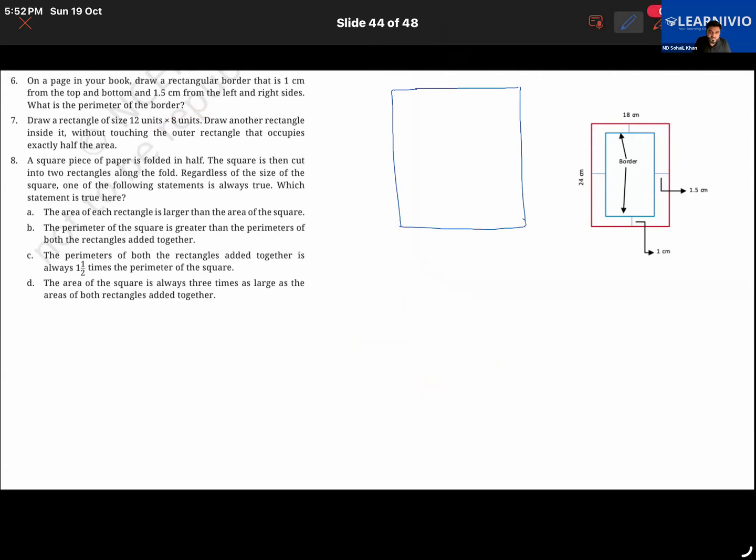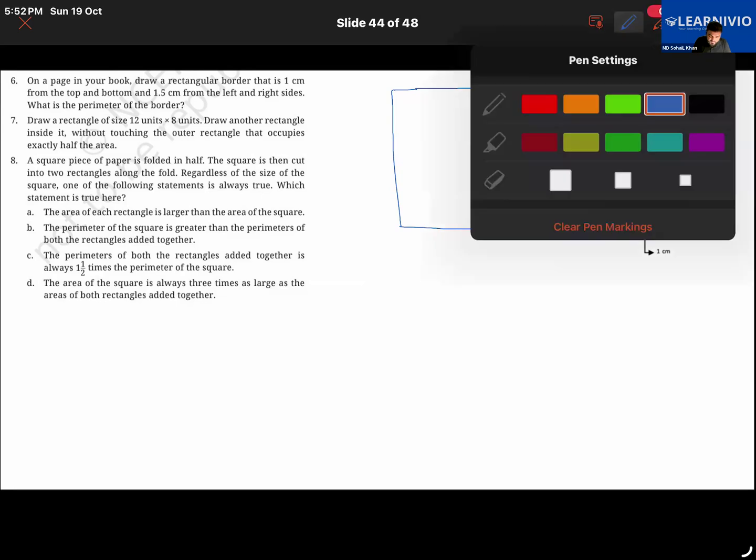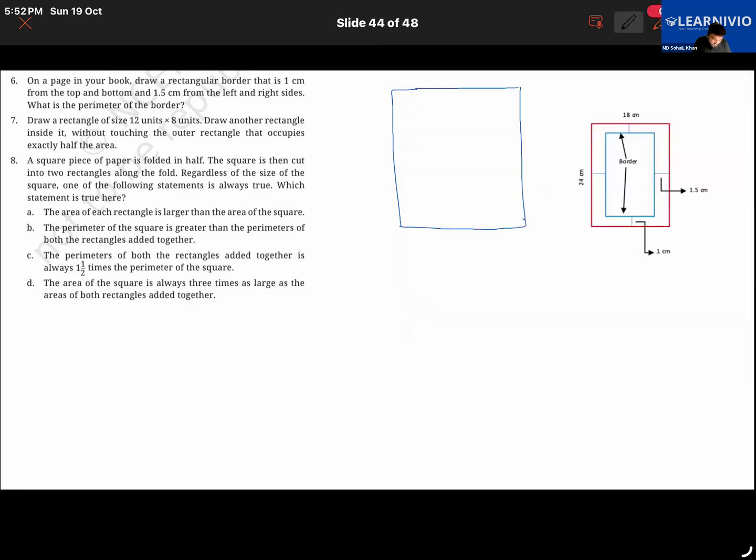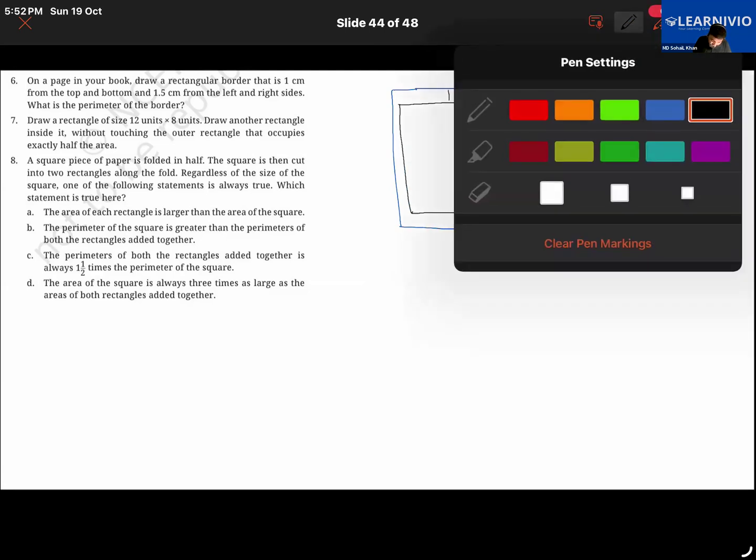Suppose it's an empty page, like very few things have been written on it. Suppose in that you are going to draw a border. From the top and bottom, there should be a gap of 1 centimeter. How much should it be? 1 centimeter. From the left and right, it has to be 1.5 centimeter.